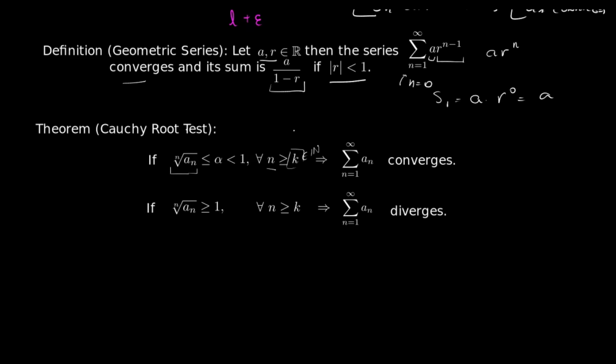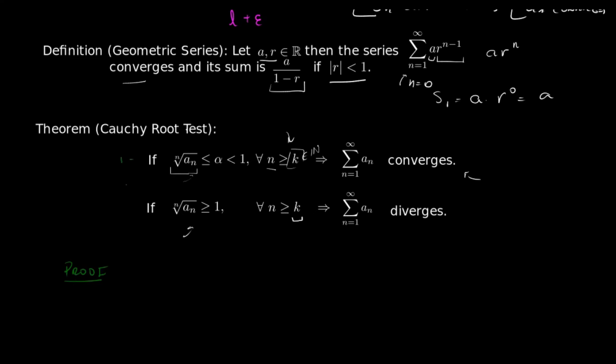So if I can find this k such that for every n greater than k this happens, then my series will converge. And if I find the k such that for every n greater than k the nth root is greater than or equal to 1, then our series will diverge. Let's try and prove it.